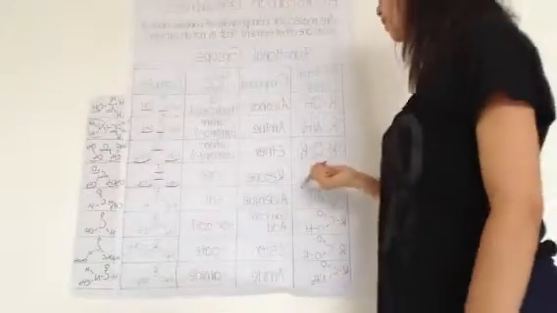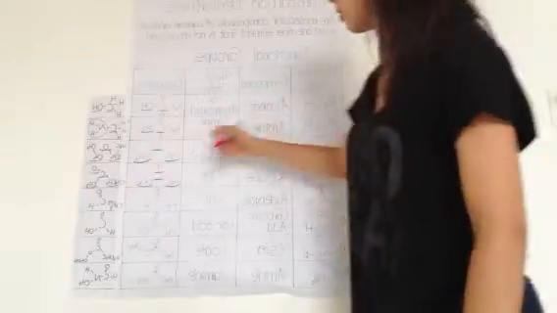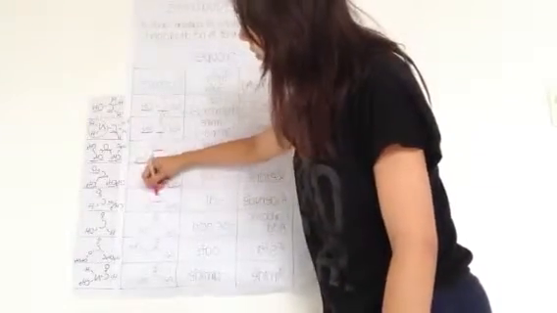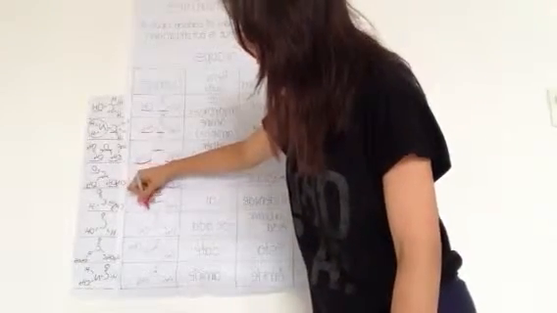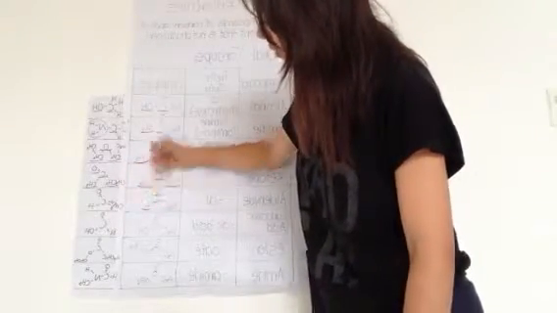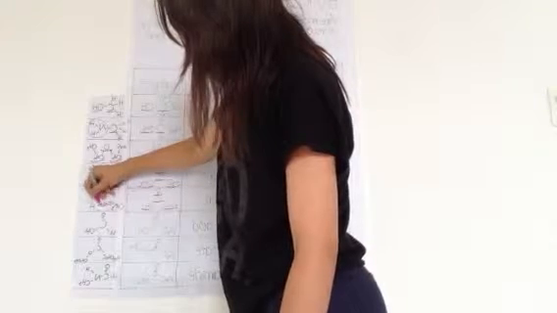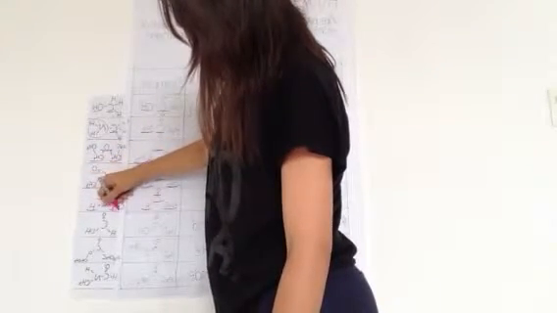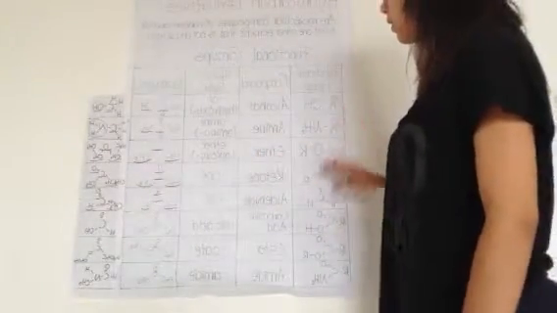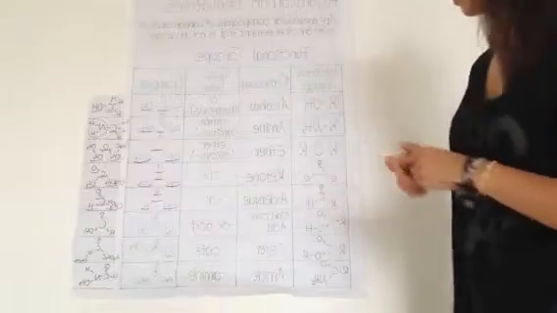Then in the aldehyde, the central carbon, the double oxygen, and a hydrogen bonded to another chain. It's very simple. You can identify what type of compound they are based on these structures.